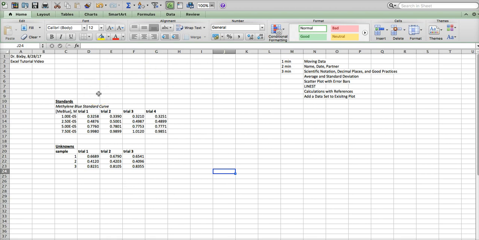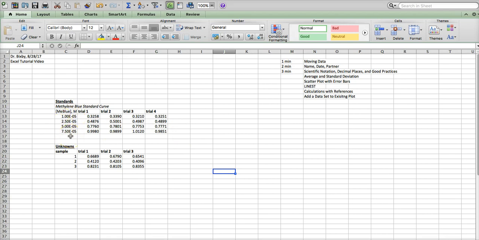So column labels, make sure you understand what's happening and you're not just quickly trying to do math, because 3 years later you're not going to remember what you've done. Okay. So our goal is to take these 4 trials, do an average and a standard deviation so that we can plot the absorbance value on the y-axis and the concentration on the x-axis.